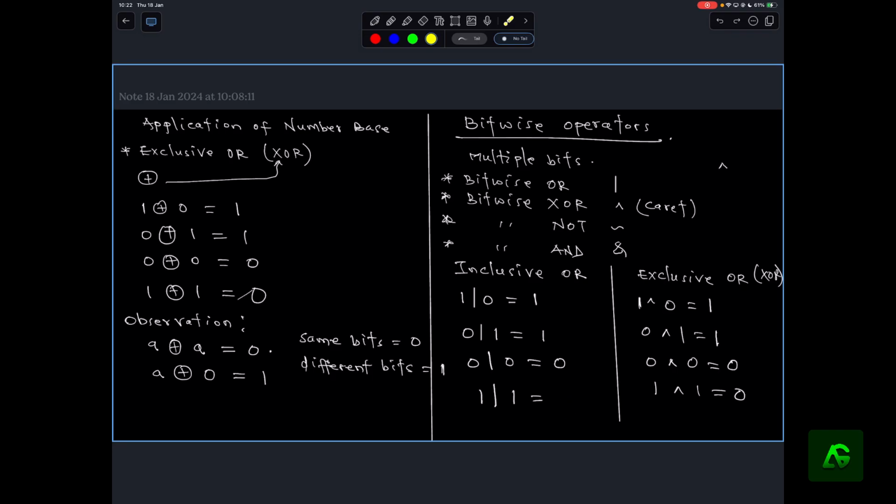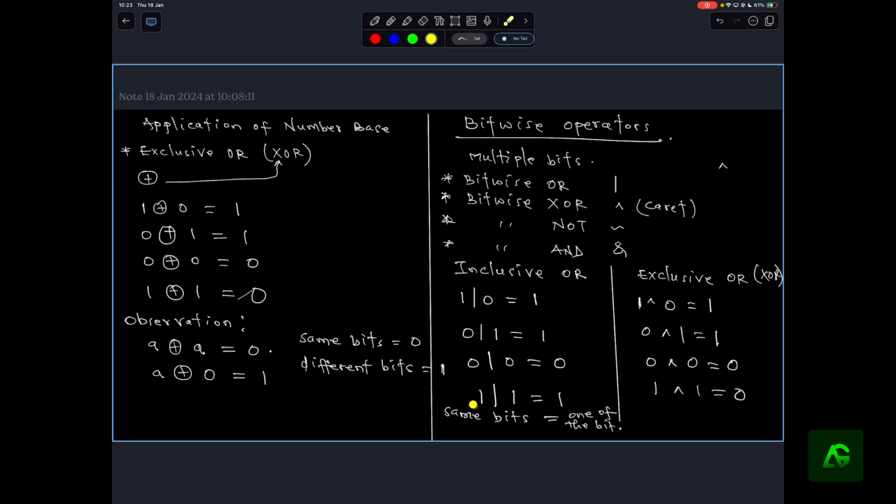Let me write the summary so that we can always remember. The summary is that when you have the same bits, you retain that value for each of the bits. The value will be equal to one of the bits. Here we have the same bit, 0 and 0, so the inclusive OR of it will still be that same bit; just retain one of them as the value.